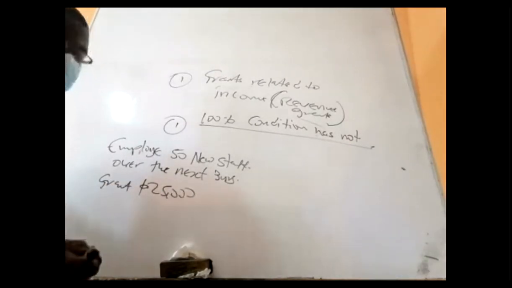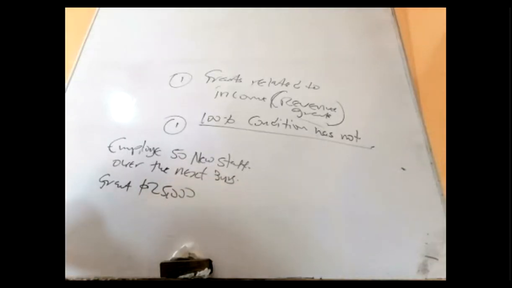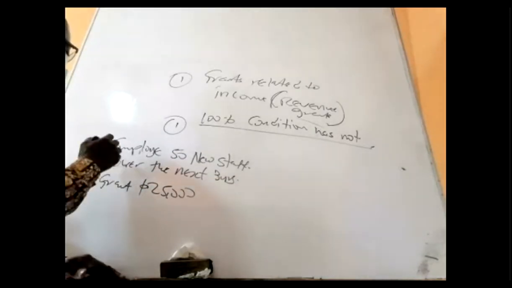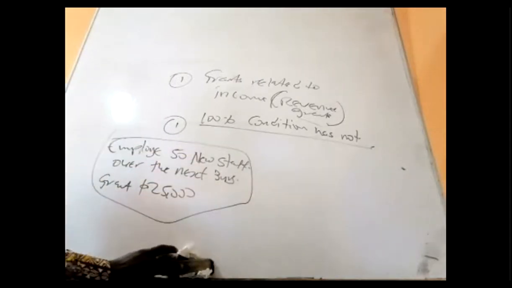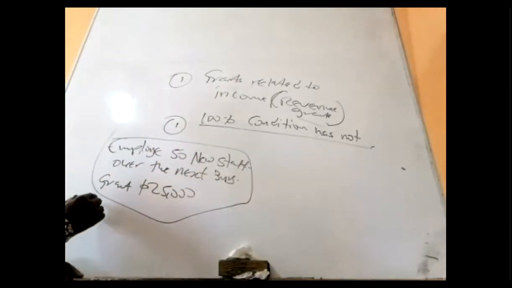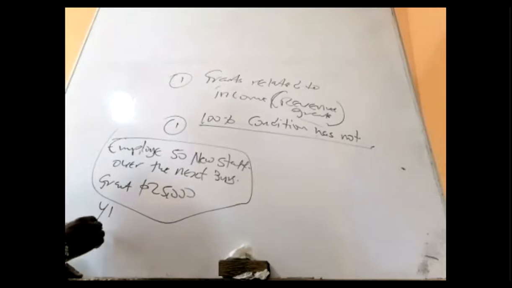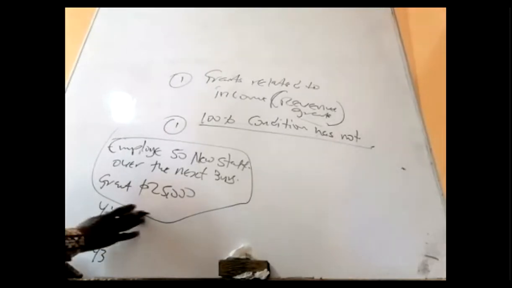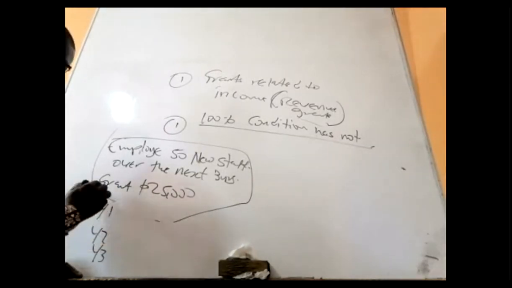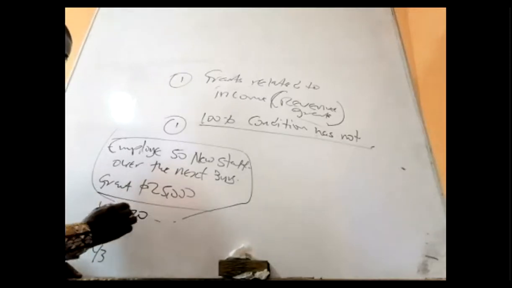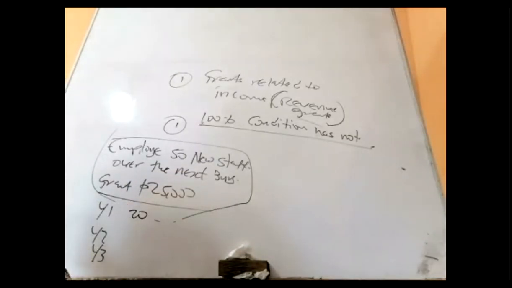How do we account for it? Let's assume this is year 1, year 2 and year 3. In year 1, you try your maximum best, but you employ only 20 employees.